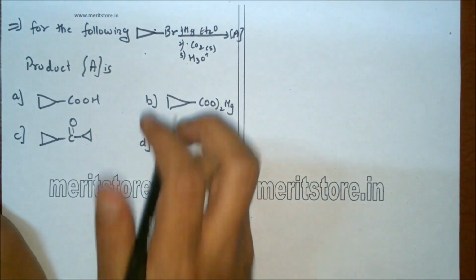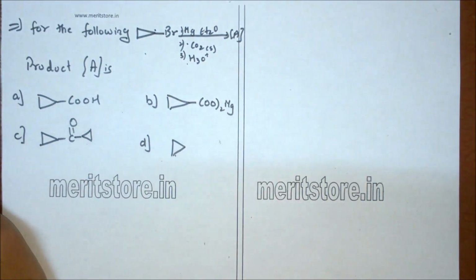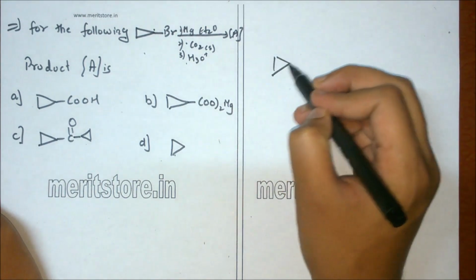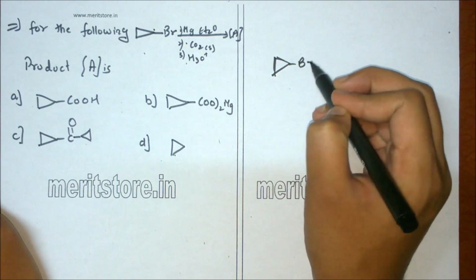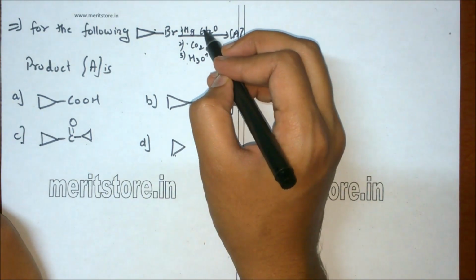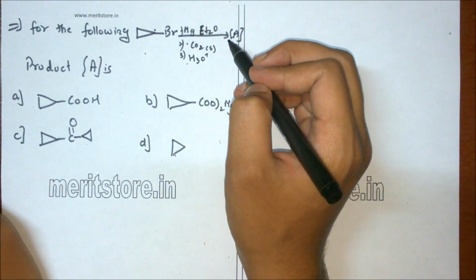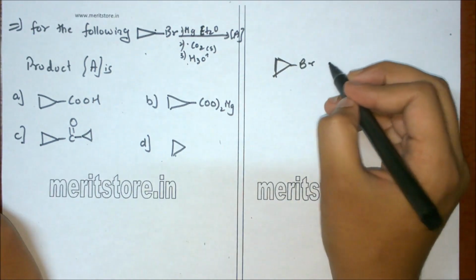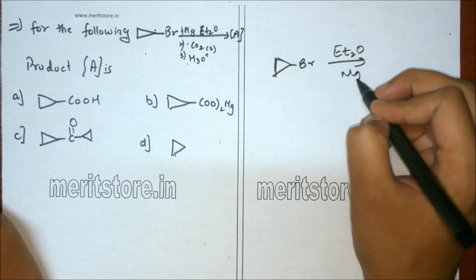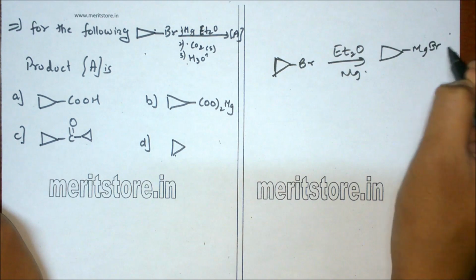For the following cyclopropyl bromide, the reaction A is formed. So the product A is, when a cyclopropane attached to bromide reacts with magnesium plus Et2O, that is diethyl ether, it will give Grignard reagent, cyclopropyl MgBr.